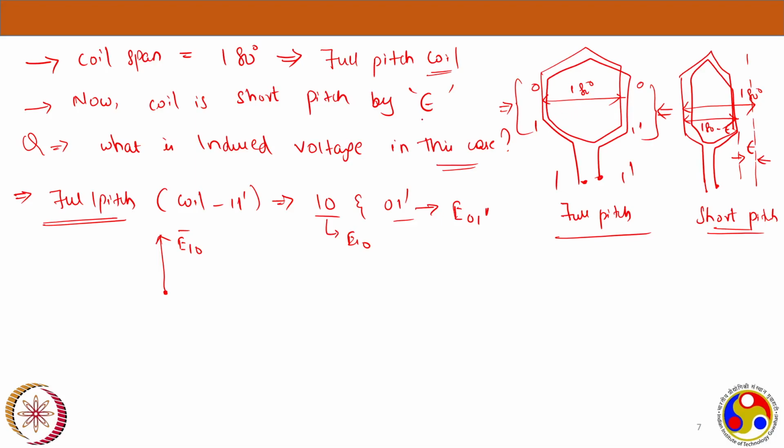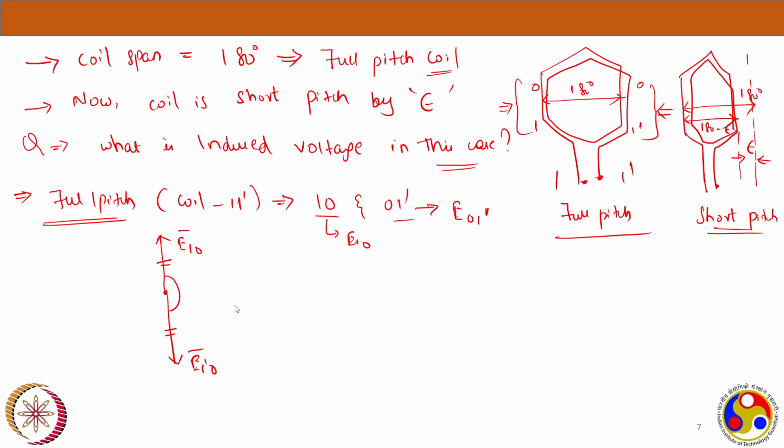The magnitudes will be equal, but the directions will be opposite, with a 180-degree phase difference, and the coil span is 180.